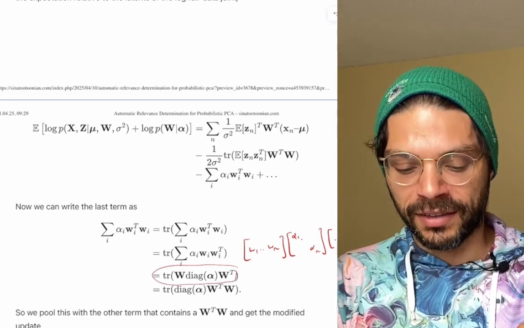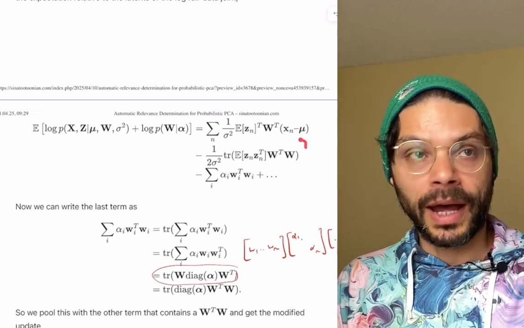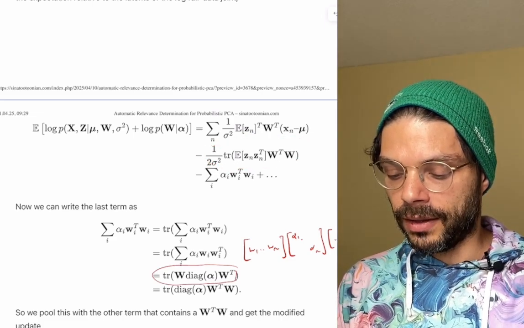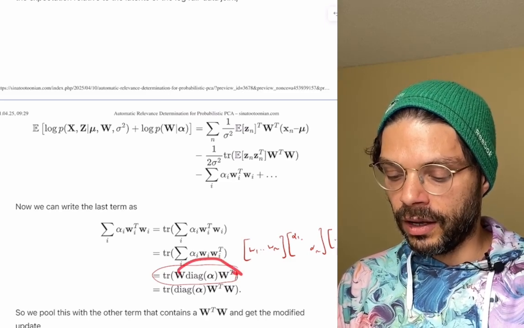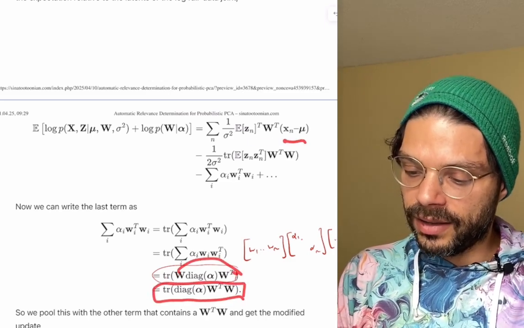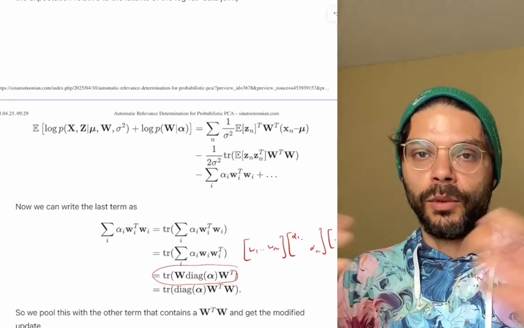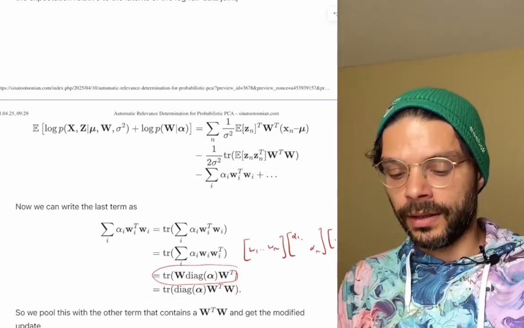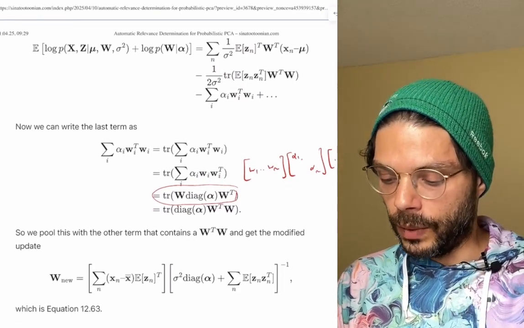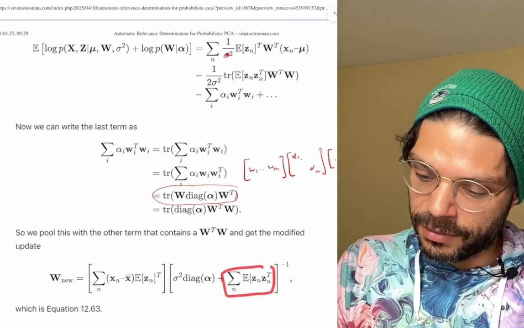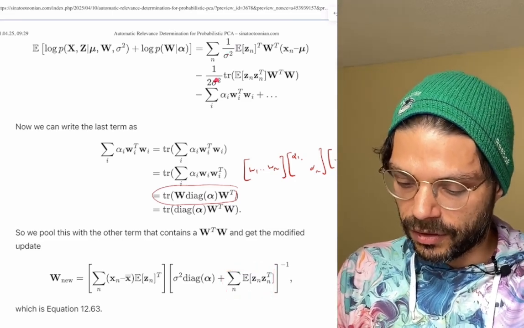And then to make it symmetric and useful with what we have above, we're going to use, again, the rotation property of the trace and just move the W to this side. So now this guy over here lines up with that guy over there. And so all we do is we just modify the update, right? When we had this before, notice there's a sigma squared here.